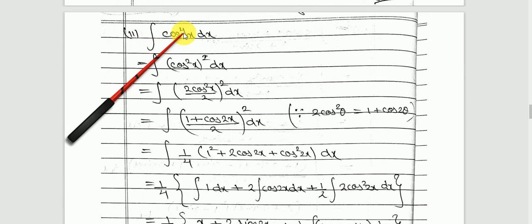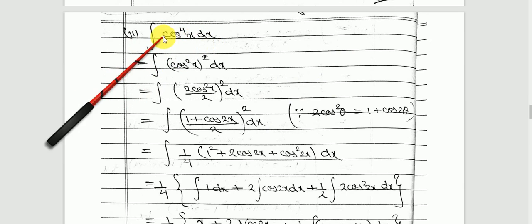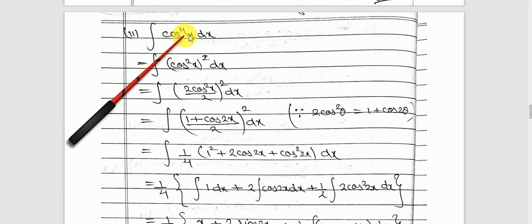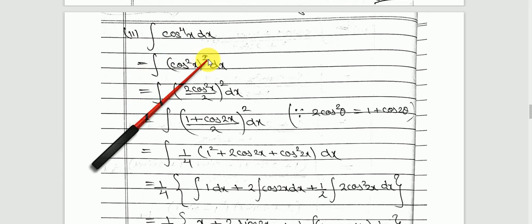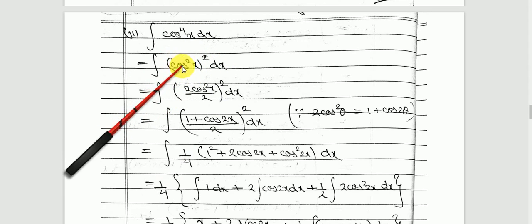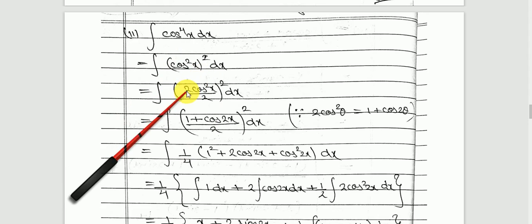Integrate cos to the power 4x, that means cos x to the whole power 4. So this cos to the power 4x can be written as cos square x whole square. Now for this cos square x, we will multiply and divide by 2 inside the bracket.